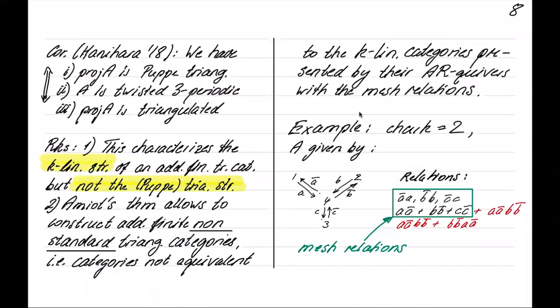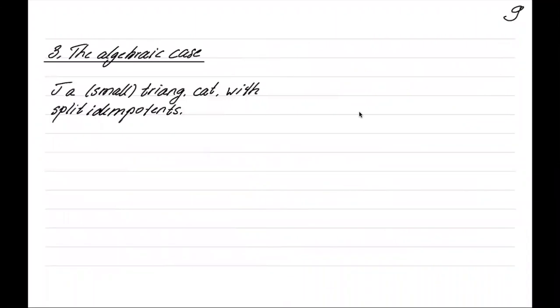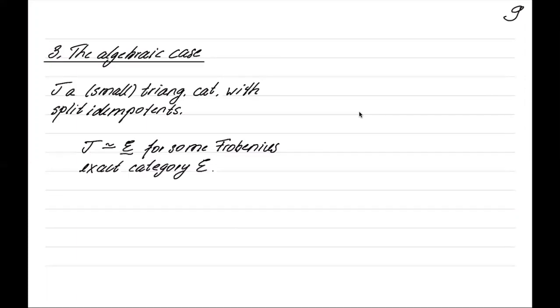And now let me come to the algebraic case. Let me first recall what an algebraic triangulated category is. It's a triangulated category which is triangle equivalent to the stable category of some Frobenius exact category.